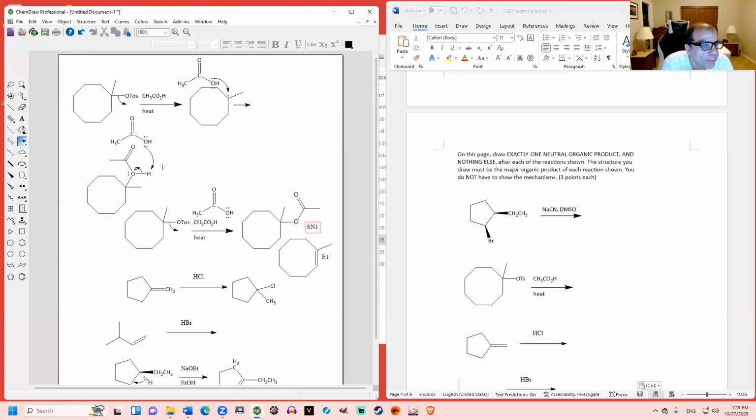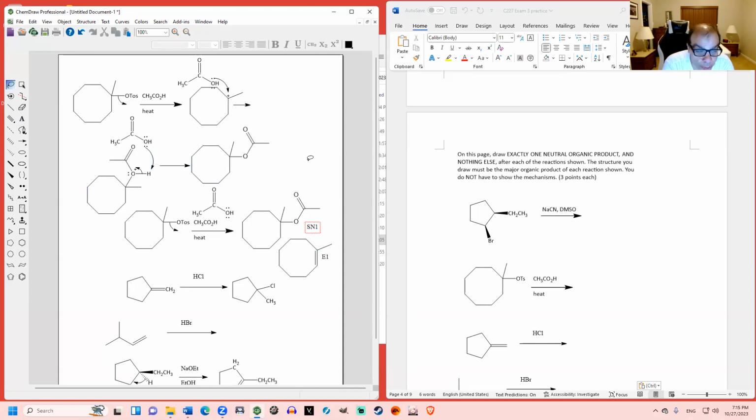We can worry more about the details of acetic acid next term and how it behaves. But an acetic acid molecule or an acetate ion will pull that proton off.